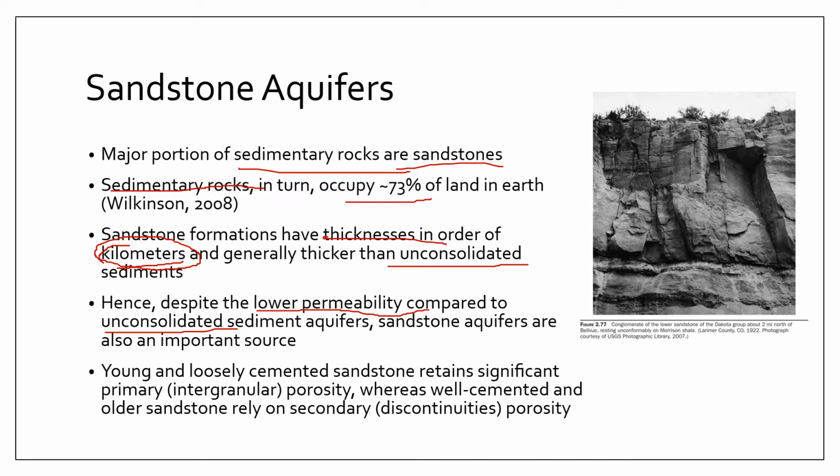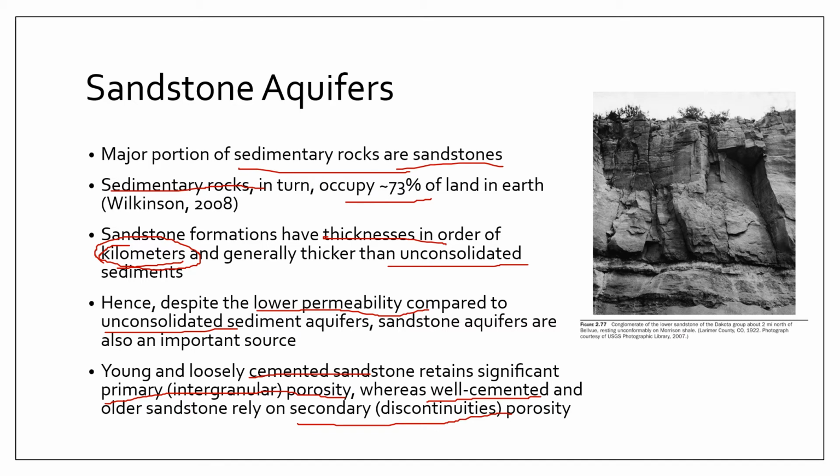So if your sandstone is relatively young or was not subject to cementation in its diagenesis, you can expect a lot of primary or matrix porosity, while for your well-cemented sandstones, most of your porosity will be coming from their discontinuities, or your faults, joints, foliations.